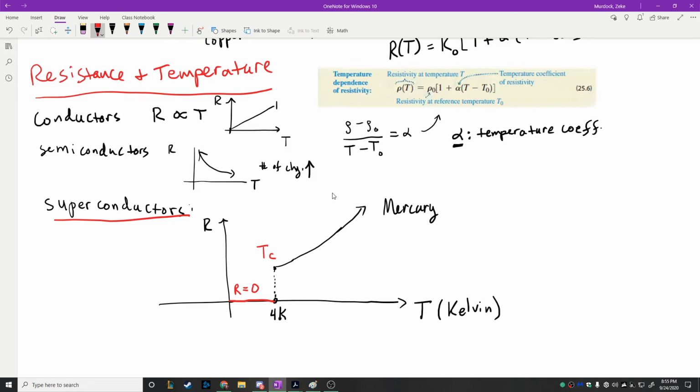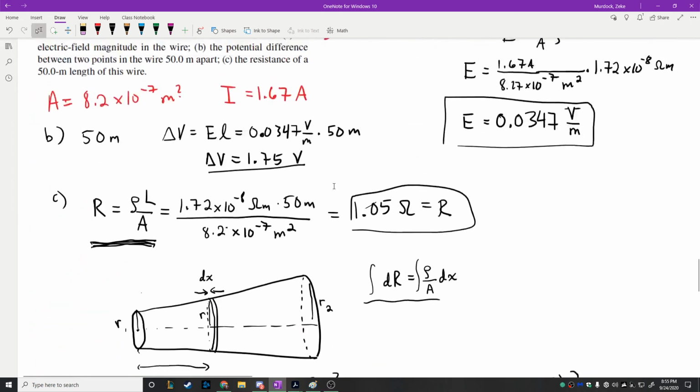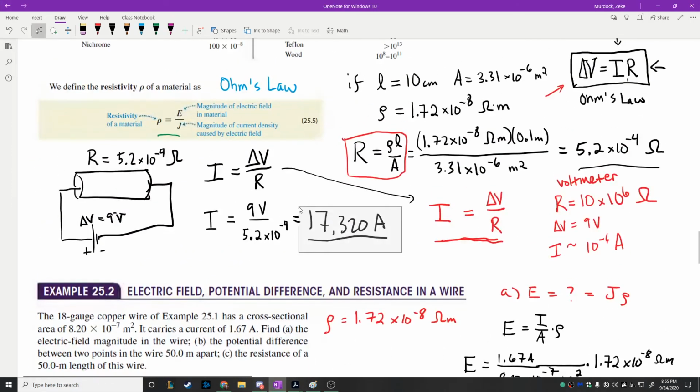For example, if we could transfer our power along superconducting lines, there would no longer be any loss of heat to the resistance of the wires. As I mentioned before, if you tried to pass this much current through a copper wire like we described, it would burn up.